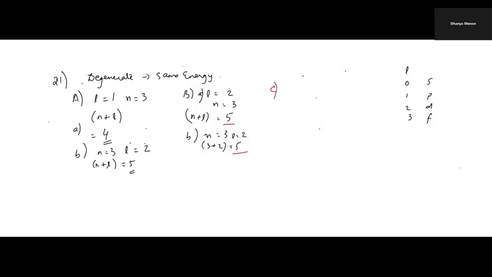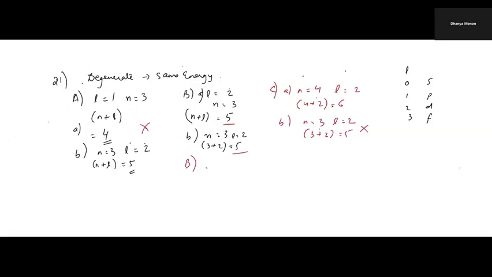C is N equal to 4, L equal to 2, so 4 plus 2 makes 6. B is N equal to 3, L equal to 2, so 5. So this is not our option. What is our answer? Only B.